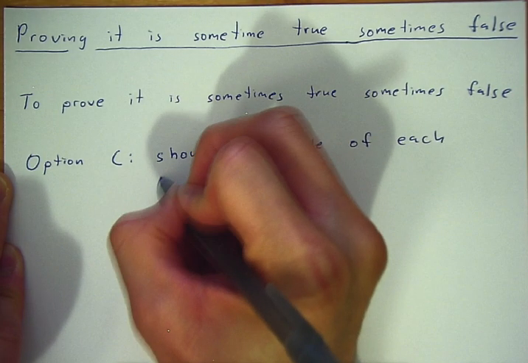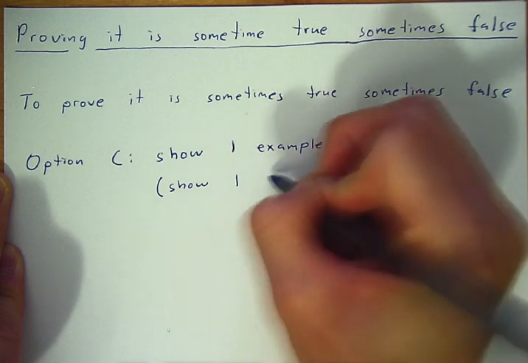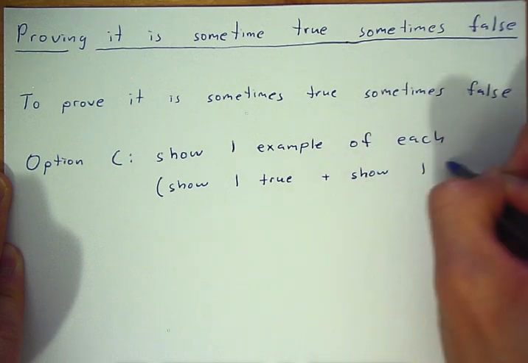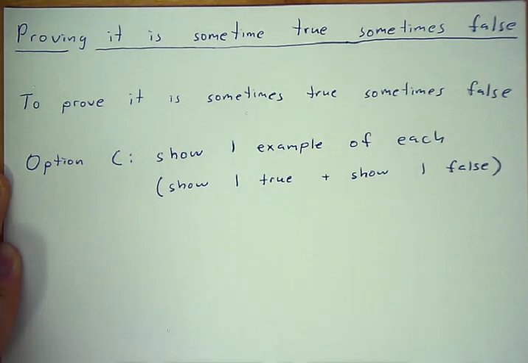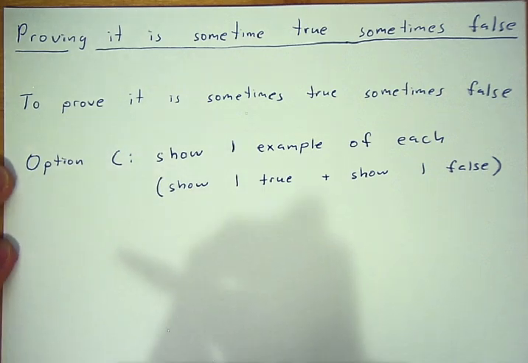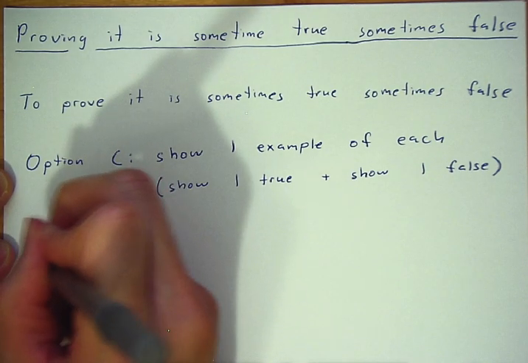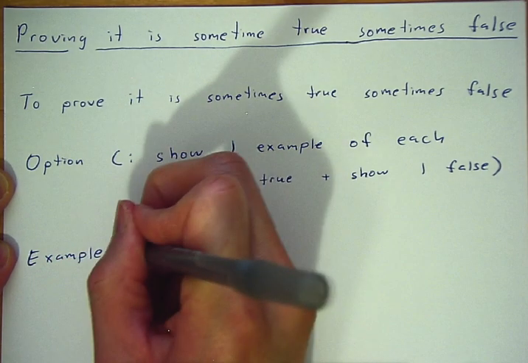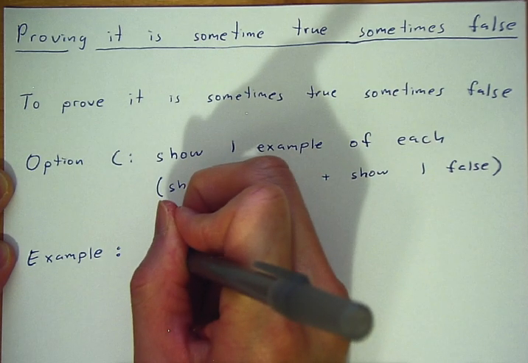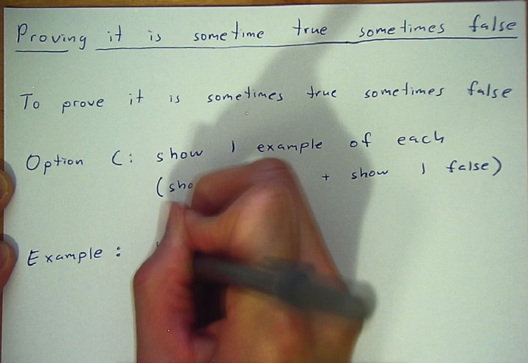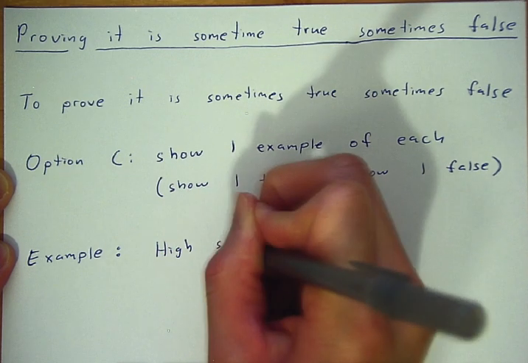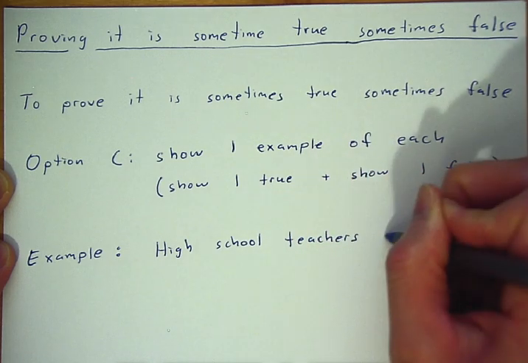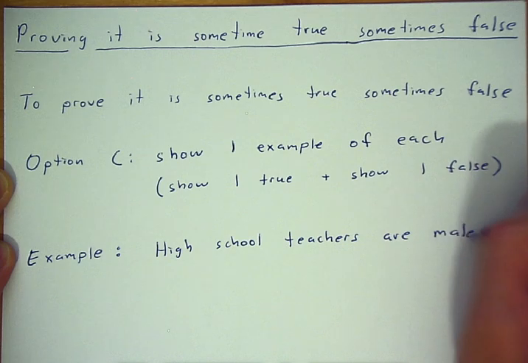Or show one that is true plus show one that is false. Example, let's say someone says that high school teachers are males or men.